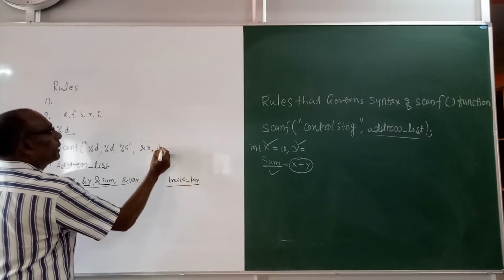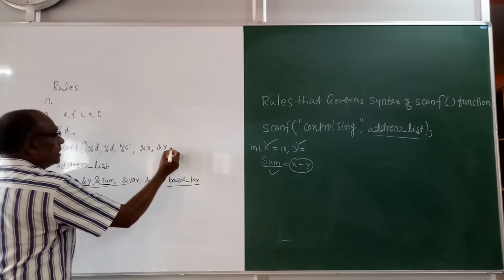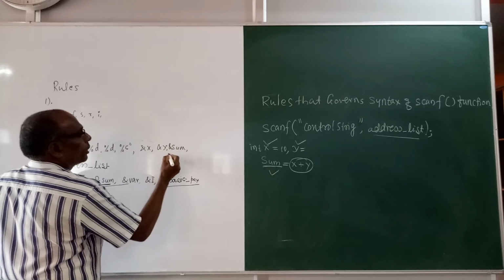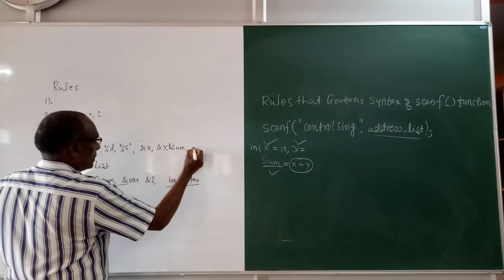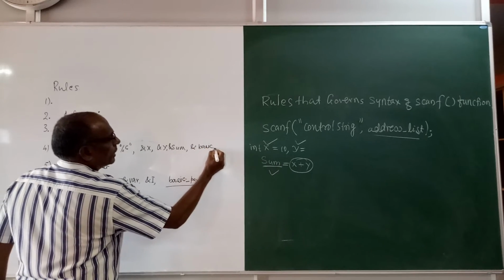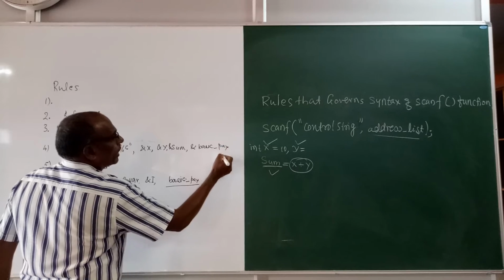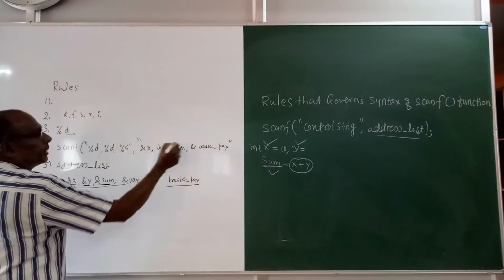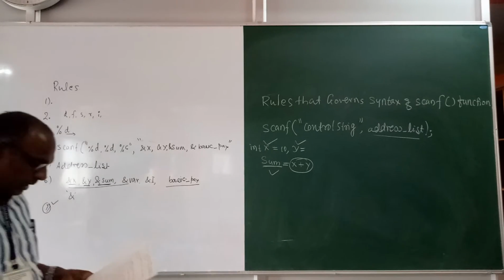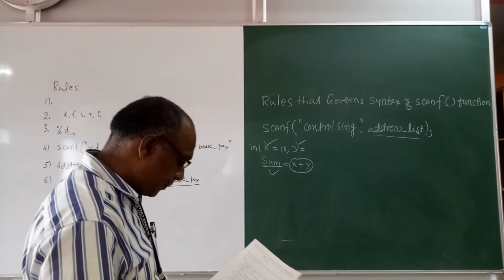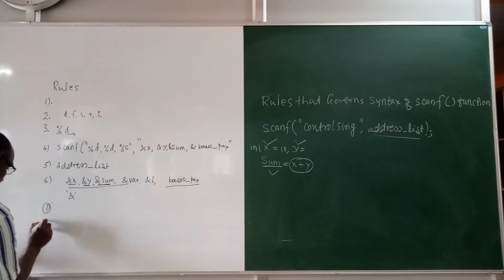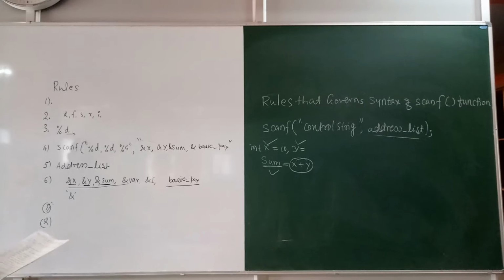Each address should be preceded by an ampersand, say &x, &y, &sum, or &basic pay, and it should not be enclosed within double quotes. That's what point number 7 says to remember: the address list should not be enclosed in double quotes. That is rule number 8.